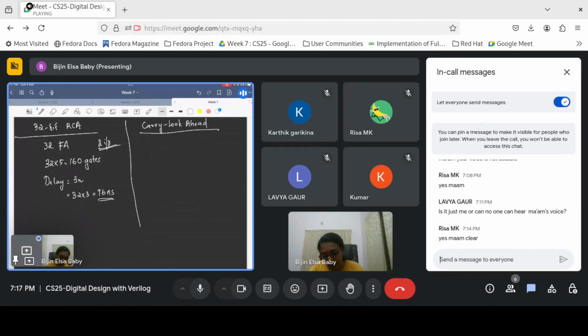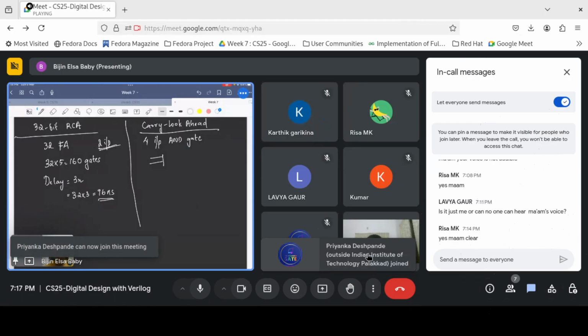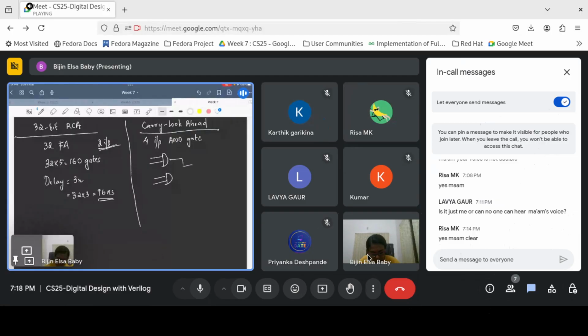So for example, if I have a 4 input AND gate, and I want to implement this 4 input AND gate using 2 input AND gates, how many gates are required? One way we can implement it like this. Okay.